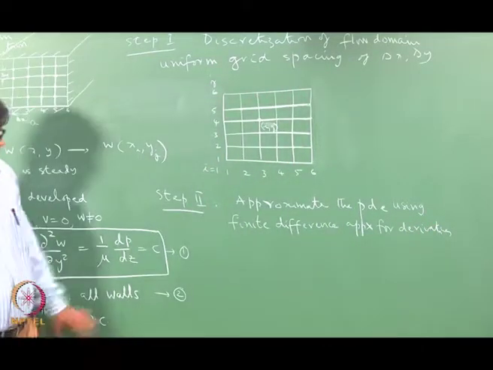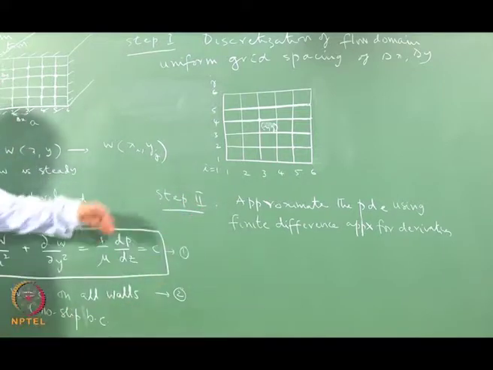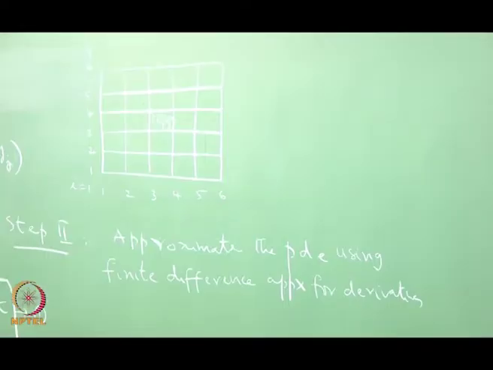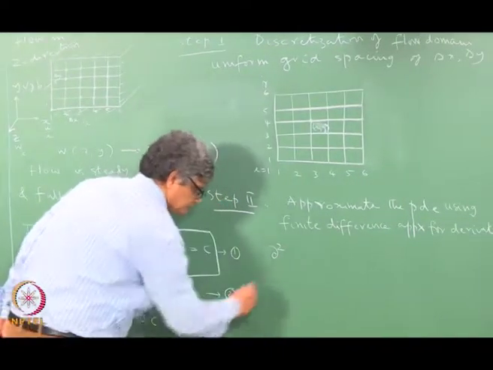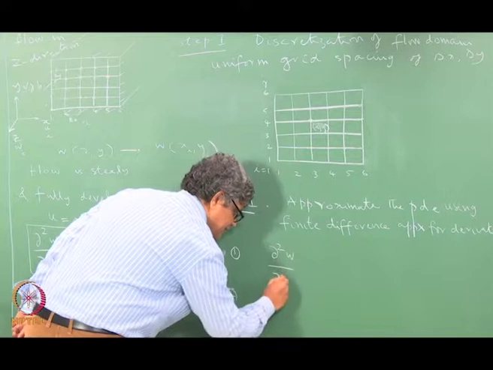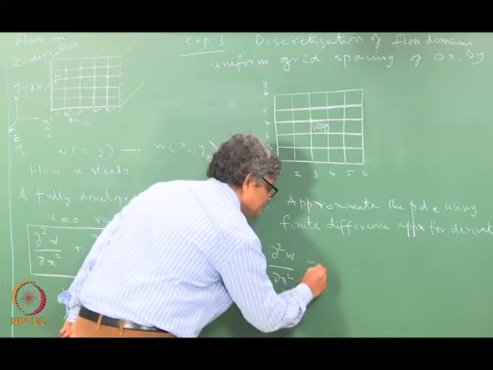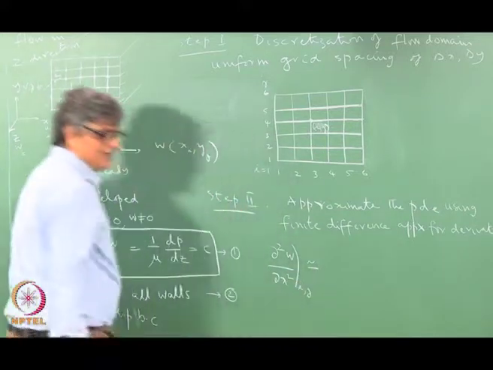So, at this stage you may not know what these finite difference approximations are. We are going to do that in a couple of weeks' time, but let us just assume that we can write an approximation for del square W by del x square. We can write approximately at point i, j.